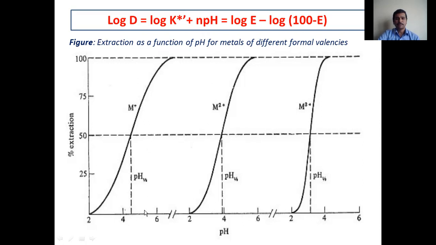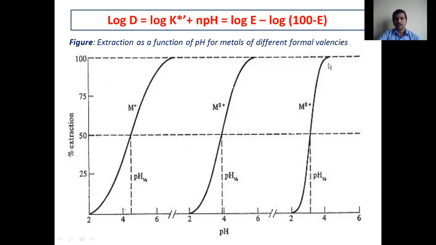Because N is less for monovalent metals, the range of pH to achieve 100% extraction will be very wide. For divalent metals, the range of pH for extraction will be lesser when compared to monovalent ions, and it is very small for trivalent ions.